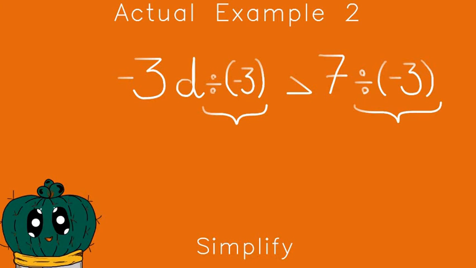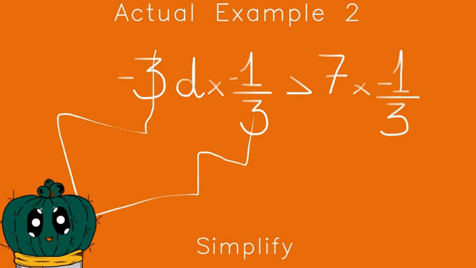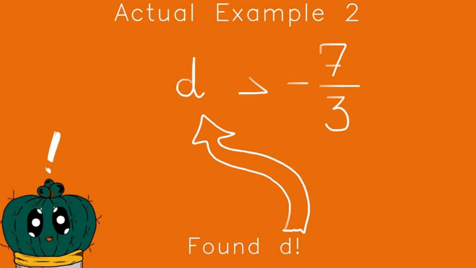Let's convert the division into multiplication and simplify. On the left hand side, the negative 3 and negative 3 cancel out because one is in the numerator and the other is in the denominator. On the right hand side, 7 times negative 1 is equal to negative 7, and you can't simplify the 3, so we leave it as it is.